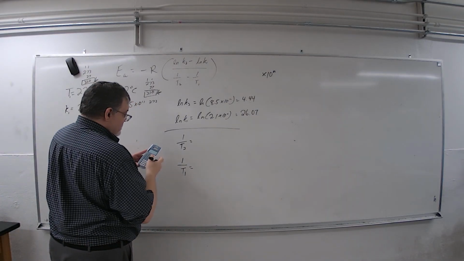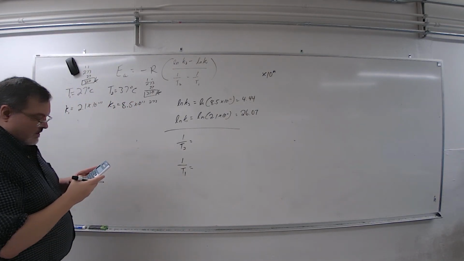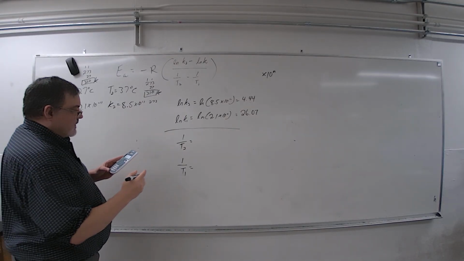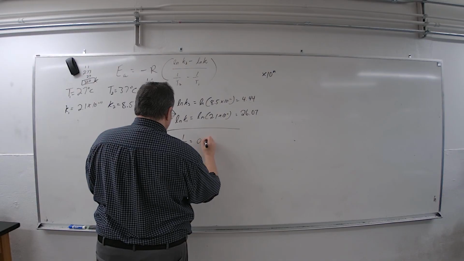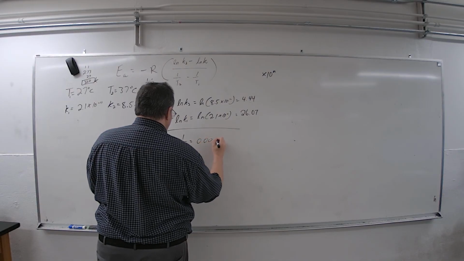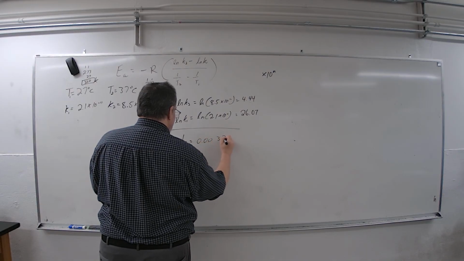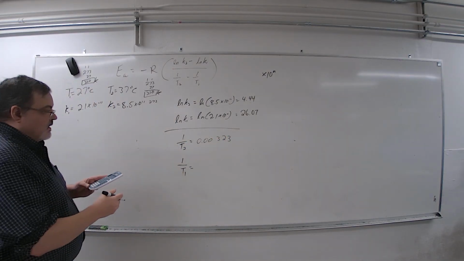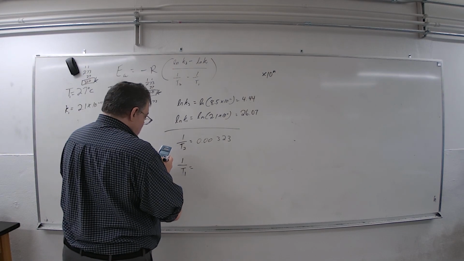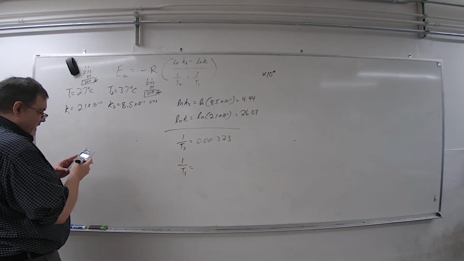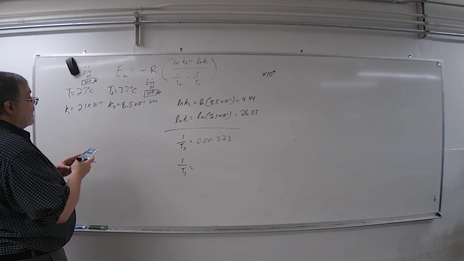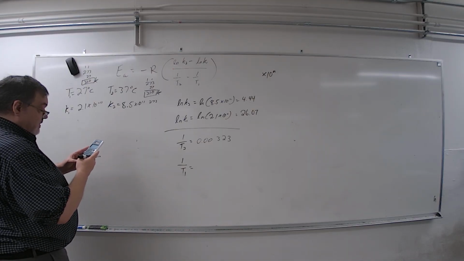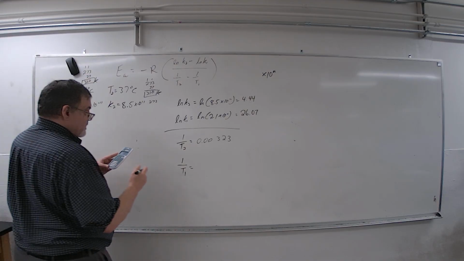T2 is 310, so 1 divided by 310. That's K, clear, or 1 over K. T1 is 1 divided by 300.